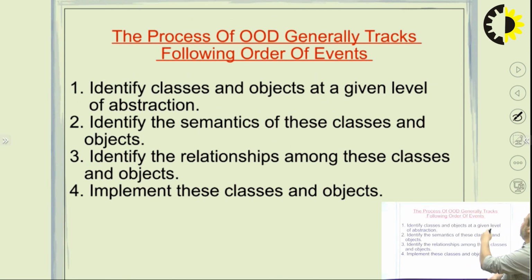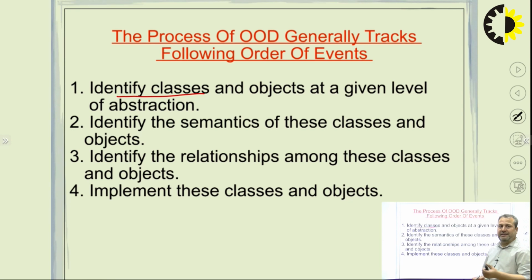The process of object-oriented design generally follows this order of events. First, we have to identify the classes, like already discussed: identify classes and objects at a given level of abstraction. Then identify the semantics of these classes.